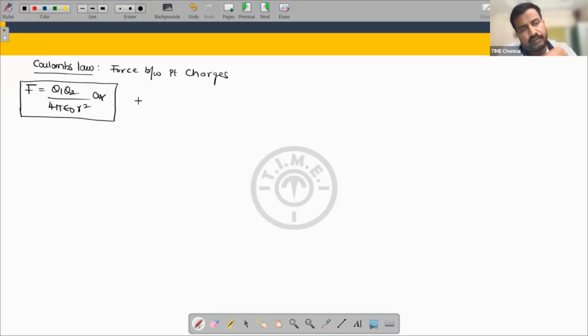And we also know that electric field, which is given in Newton per Coulomb, is defined as force per unit charge, is given by Q by 4 pi epsilon naught r square AR.